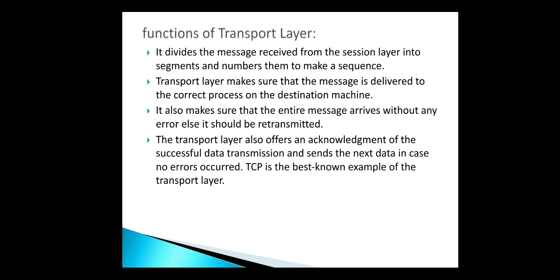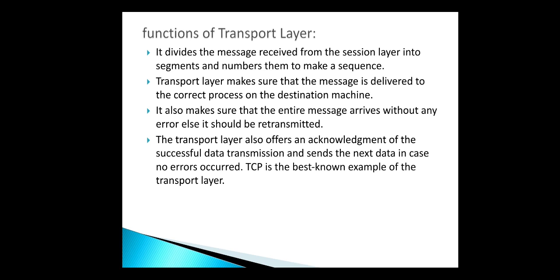So if you properly understand the OSI reference model, there is no problem to understand the TCP/IP model. All these functions are the same as in the OSI model. It means the OSI 7 layers' functions are divided into the 4 layers of the TCP/IP model.